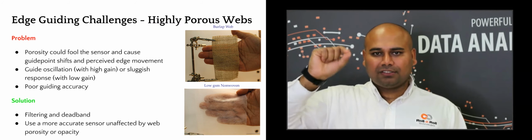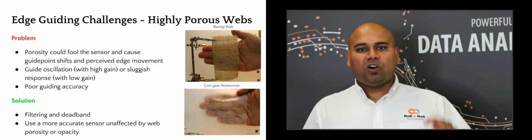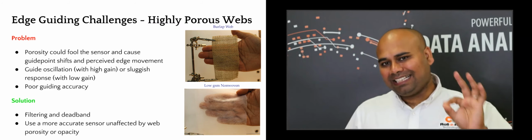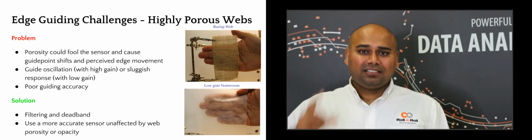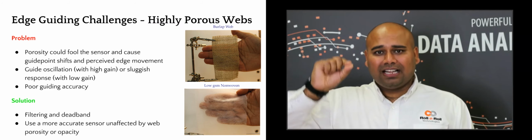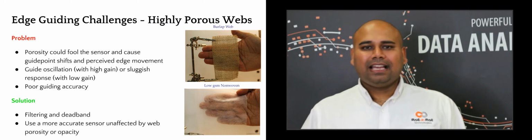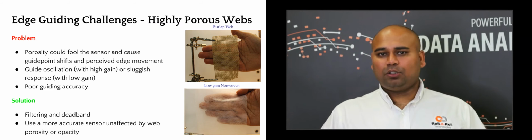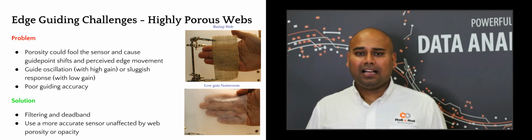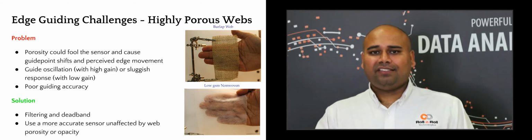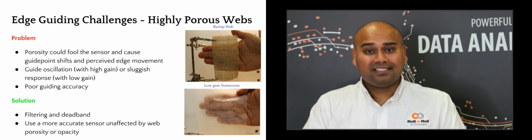This will cause an artificial variation in the edge position, which is unwanted. The best way to avoid this is to use a sensor that is more accurate, that is not affected by porosity variations and density variations.